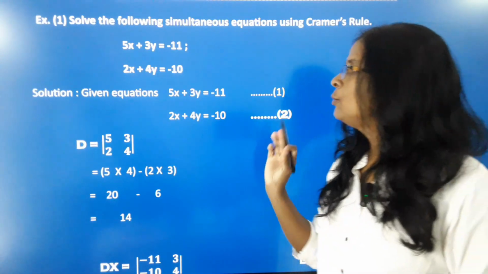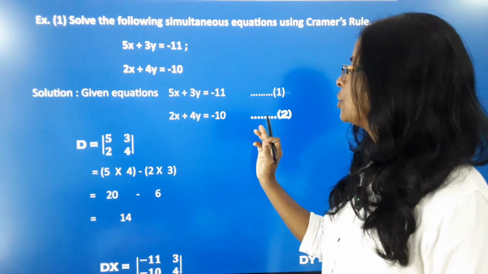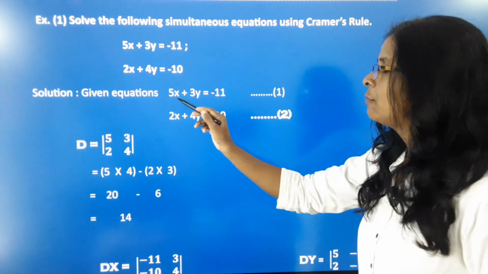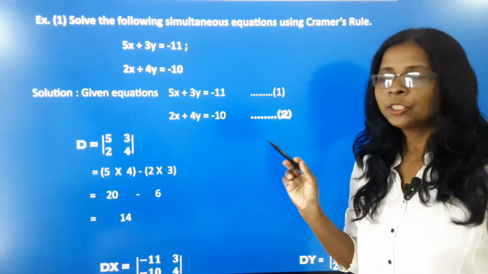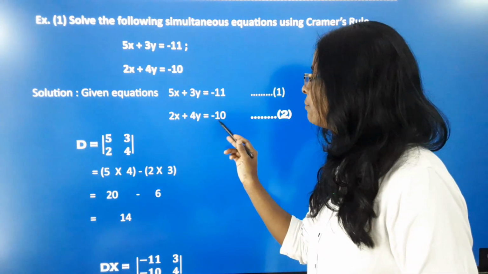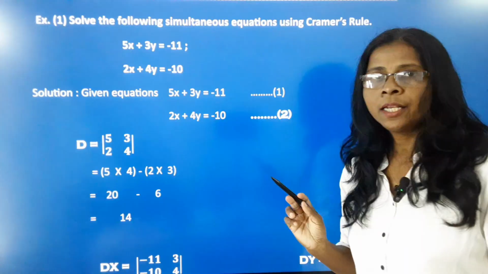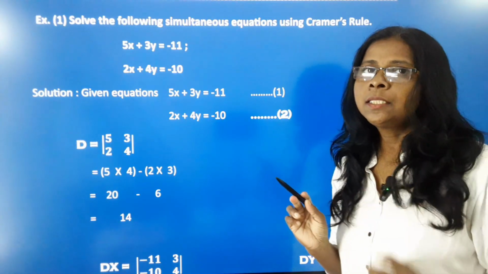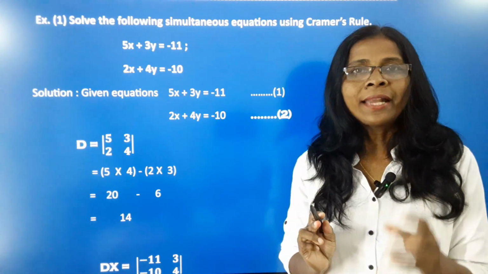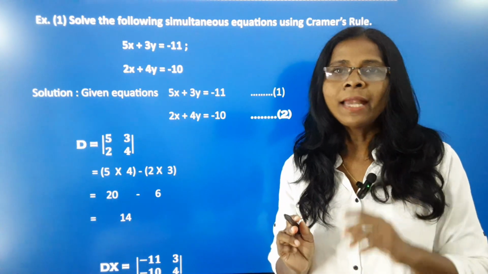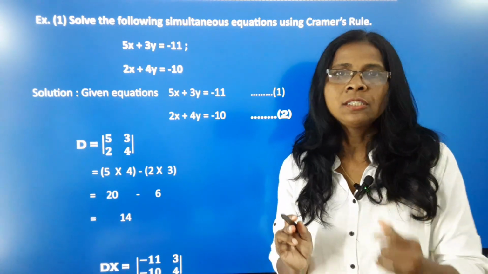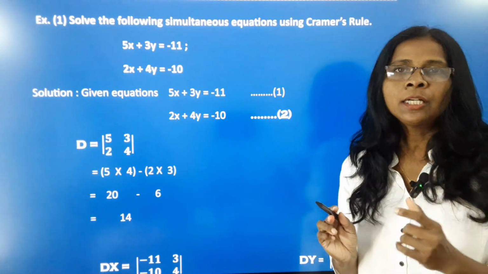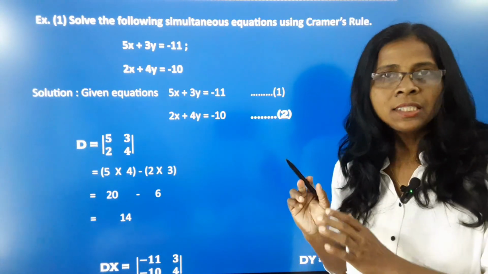First, write down these equations: call 5x plus 3y is equal to minus 11 the first equation, and 2x plus 4y is equal to minus 10 the second equation. The second step is to find D, Dx and Dy. So let us first find D, the determinant of these simultaneous equations.